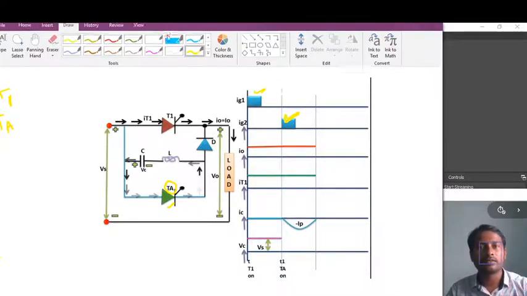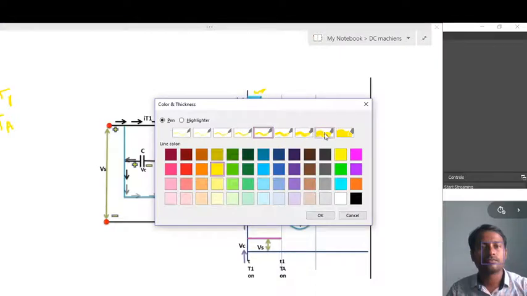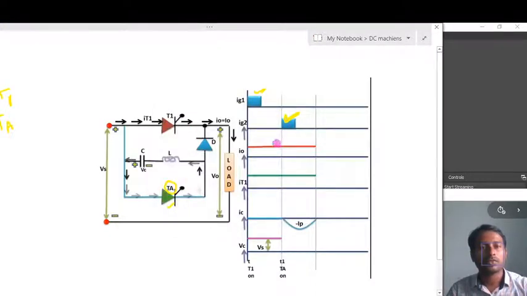I will take a bigger view. So this is the auxiliary thyristor, and if I give the gate pulse to it, it turns on.